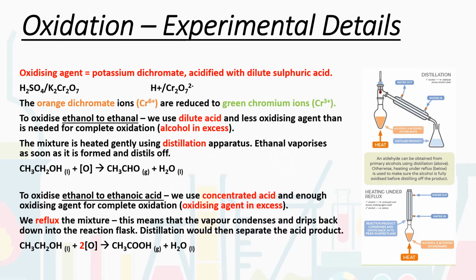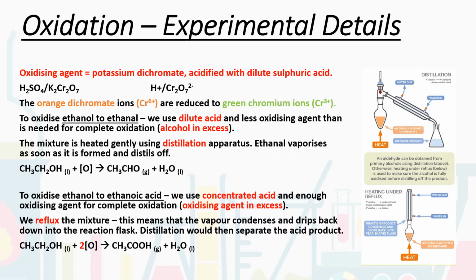Now, when we oxidize our alcohol, let's say from an alcohol to an aldehyde, ethanol to ethanal, we've oxidized our alcohol, and so our oxidizing agent has to end up being reduced, because remember the oxidation and reduction reactions must happen together: redox. So our chromium 6+ is reduced to chromium 3+.